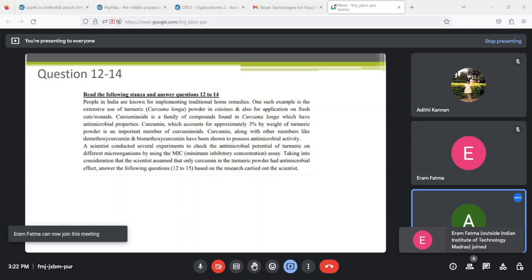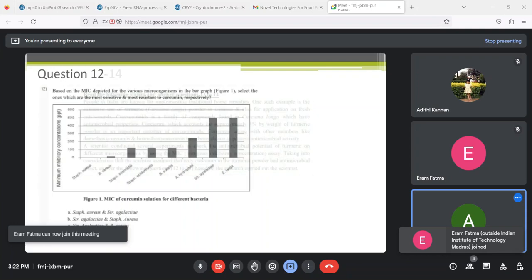We look at each question one by one. Basically we are looking at the MIC of curcumin over multiple organisms, and based on that we'll have questions. Question 12: based on the MIC depicted for various microorganisms in the bar graph, select which ones are the most sensitive and which one is most resistant to curcumin respectively.